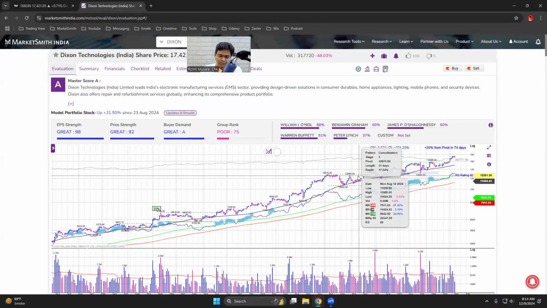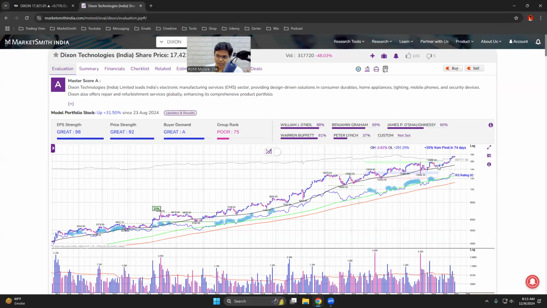Actually, it is not stage 3, it is base number 3. So the stock has just crossed base number 3, which is middle stage. Base 1 and 2 are early stage. Base 3 is middle stage. Base 4 is late stage. So base 4 is not there currently. As per Market Smith, base 4 is not yet formed.